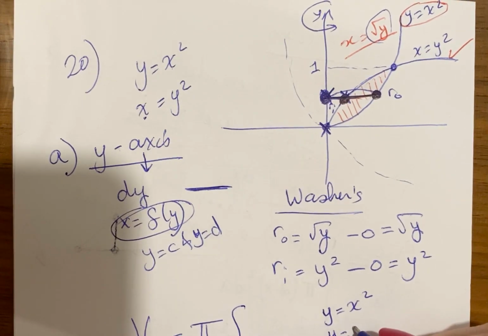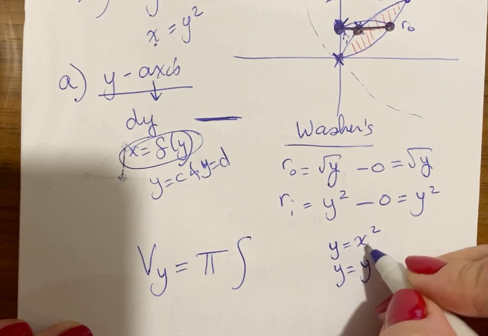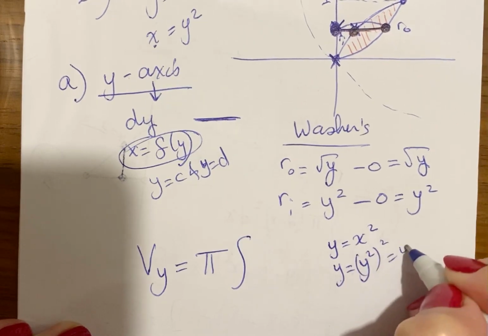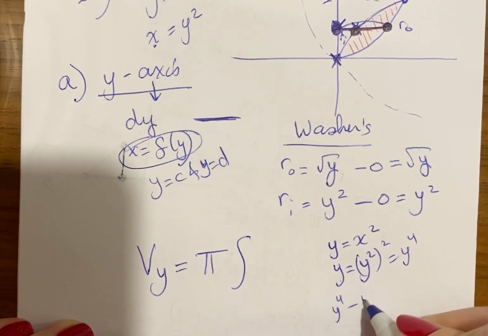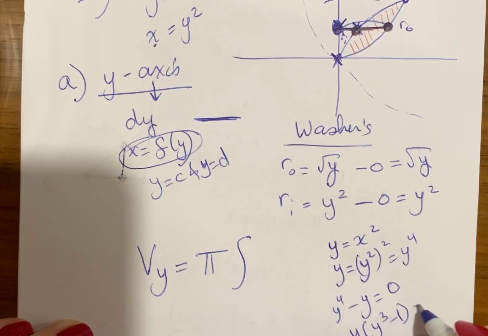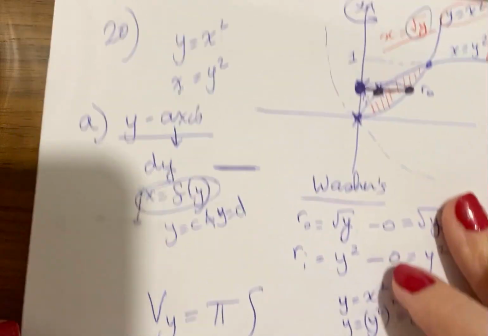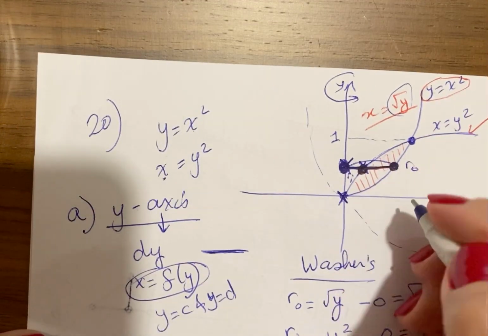So you put x equals y squared, you get y equals y squared, all of it squared, so y to the power 4. This means y to the power 4 minus y equals 0. So y times (y cubed minus 1) equals 0. So they meet at 0 and they meet at 1. So this point is the point (1, 1).